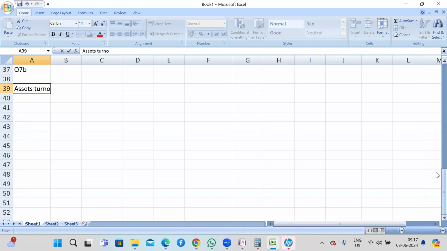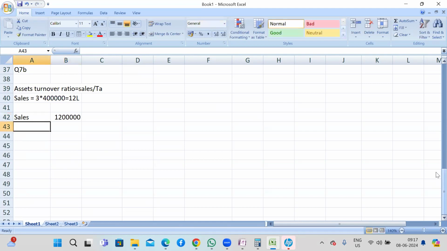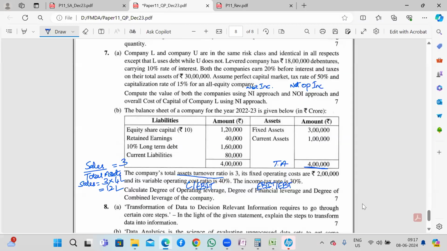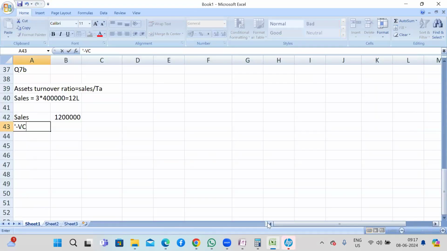Assets turnover ratio is equal to sales divided by total assets. That is sales is equal to 3 into 4 lakhs, which is 12 lakhs. So now I have sales, that is 12 lakhs. So they have said variable operating cost is 40%. So always it will be calculated on sales. So remember that. So less variable cost, which is 12 lakhs into 40%, that is 0.4.